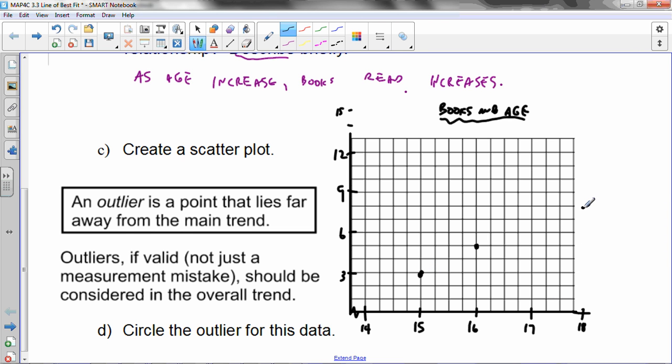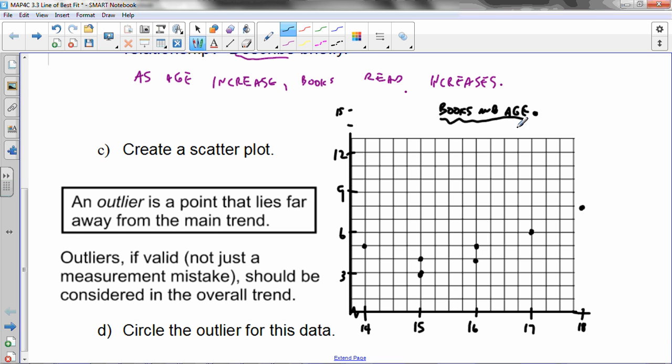Hard to draw since it's off the graph, but that's not so bad. 17, 6, 16, 4. 17 and 15. And that one's way up. That's the kid who really likes to read. And there's our scatter plot.